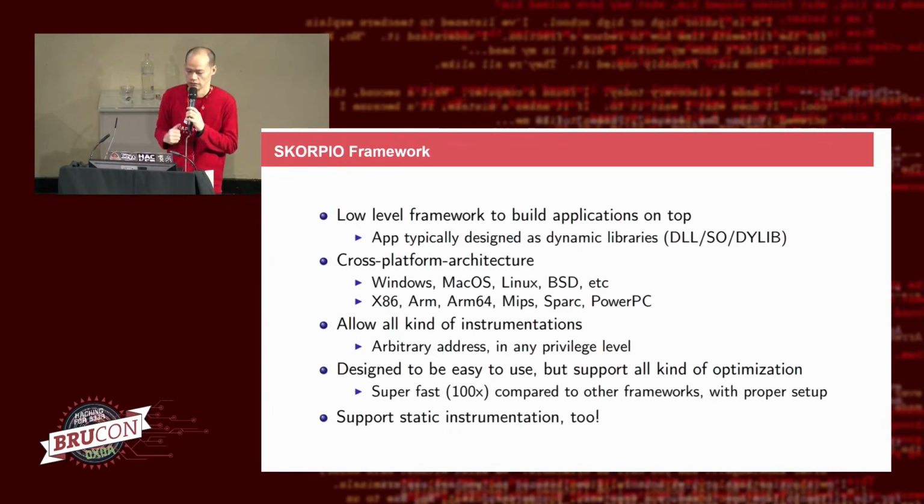Unlike that, Scorpio allows you to instrument at any address in the program, anywhere. We designed Scorpio to be very easy to use, but to support all kinds of optimization. In some special setups, it can be like 100 times faster compared to other tools.